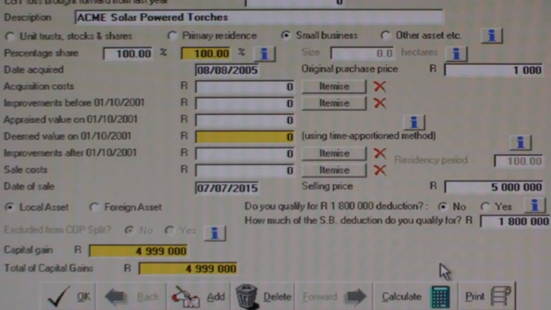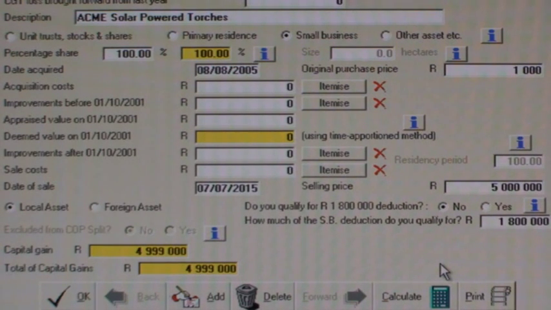The first 1.8 million of profit on a small business is exempt from capital gains tax, provided that you're either over 55 or you were forced to sell the business because of ill health. The exemption is per person and not per business. The total value of all the taxpayers' businesses must not exceed 10 million rand.